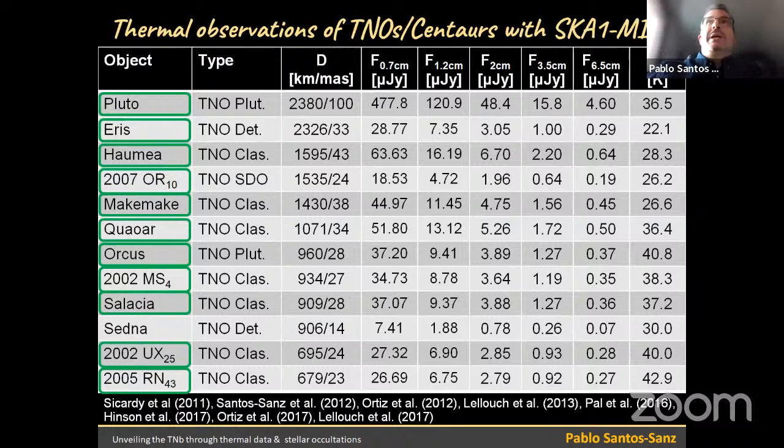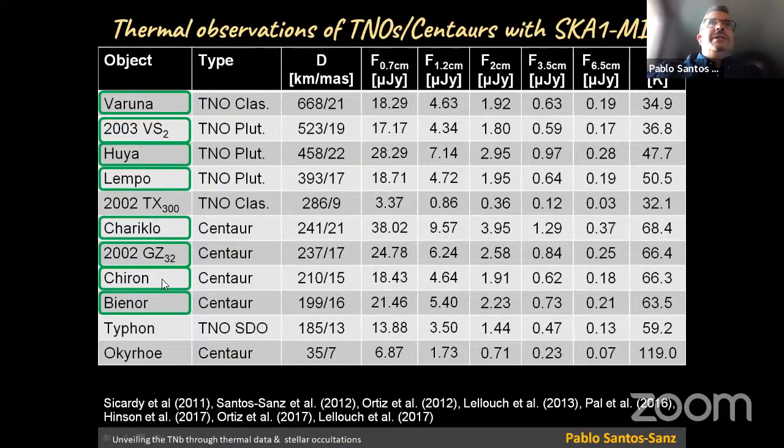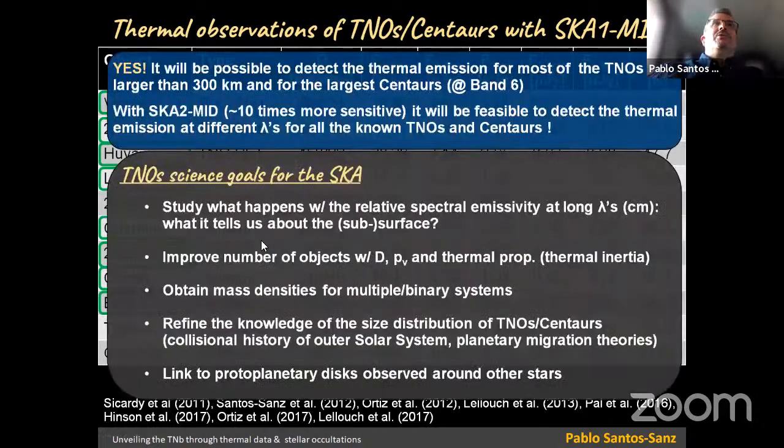You can see here also centaurs: Chariklo, Bienor, Chiron. The conclusion is that yes, it will be possible to detect the thermal emission for most of the TNOs larger than 300 kilometers, and also for the largest centaurs. With the second phase, SKA2 Mid, which will be around 10 times more sensitive, it will be possible to detect the thermal emission at different wavelengths for all the known TNOs and centaurs.